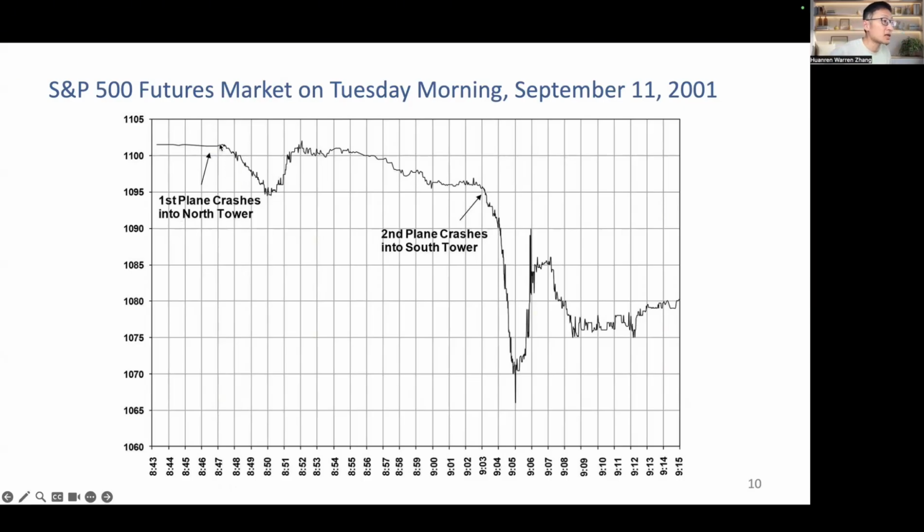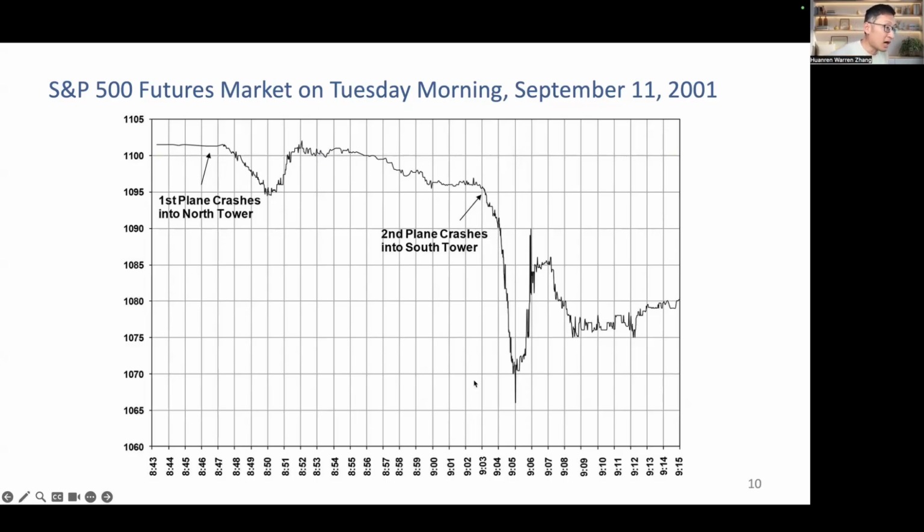So immediately after the crash, even though not everyone knew what was going on, we already observed some decrease in the futures market price, right? And it recovered immediately, but we do see this decreasing trend over time.